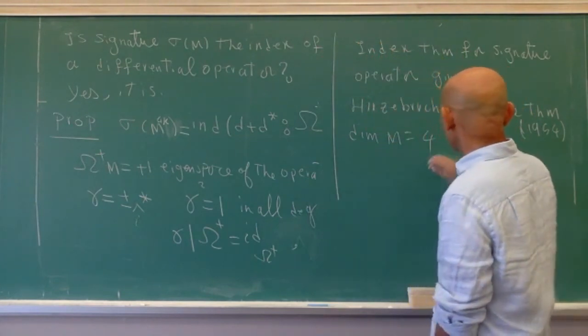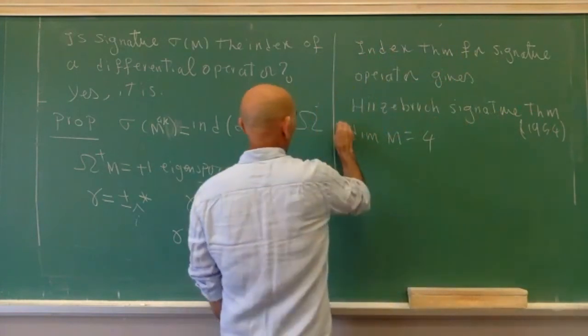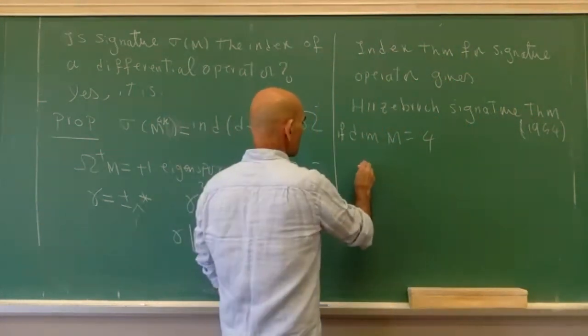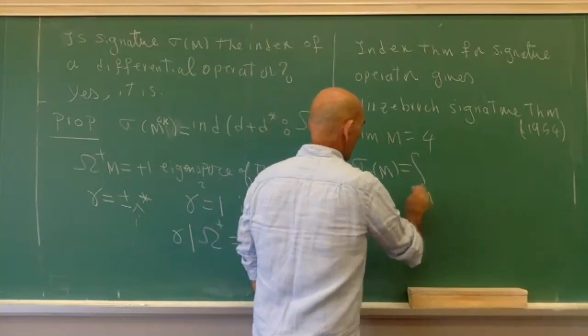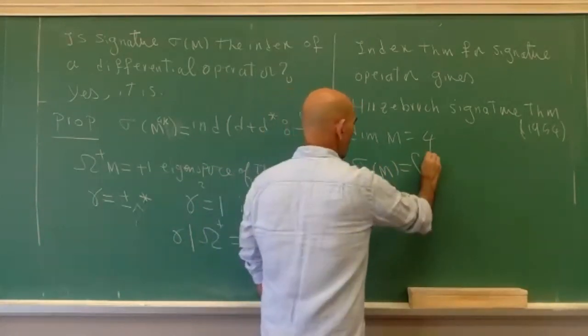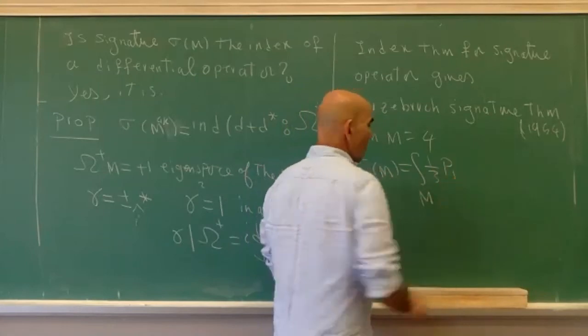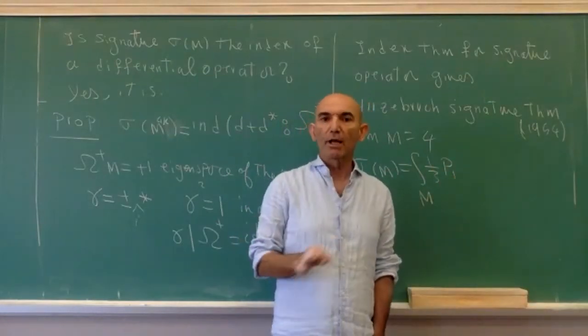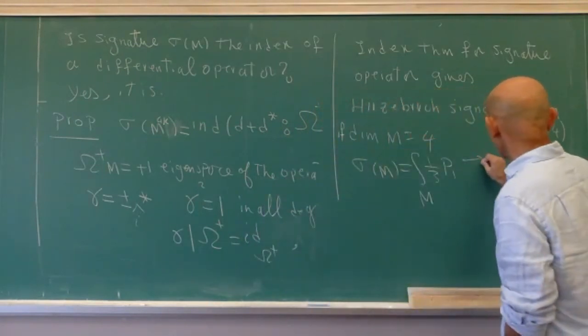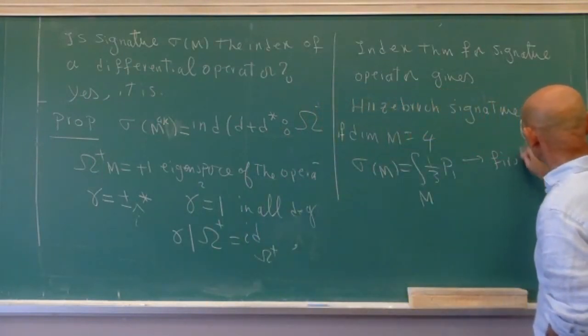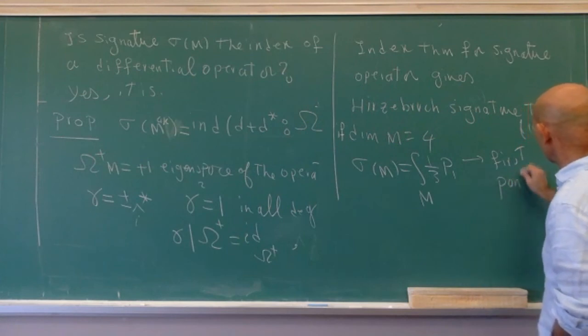So if the dimension of M is equal to 4, then the signature of M, Hirzebruch said, is equal to the integral over M of 1/3 of P1. But P1 is the first Pontryagin class of the tangent bundle.